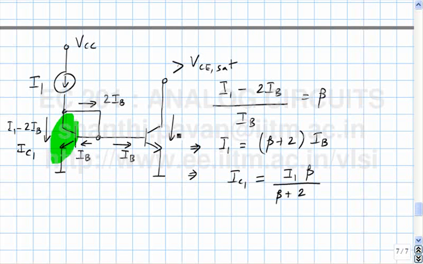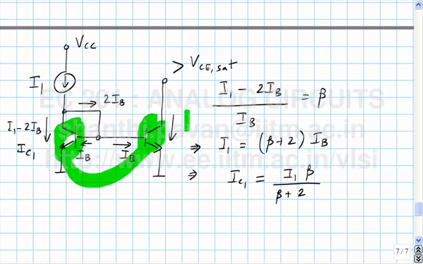Yeah, it is beta IB, which is what? These two transistors, this guy and this guy, have the same VBE, which means they will have the same IC. The collector current of the first transistor is IC1.